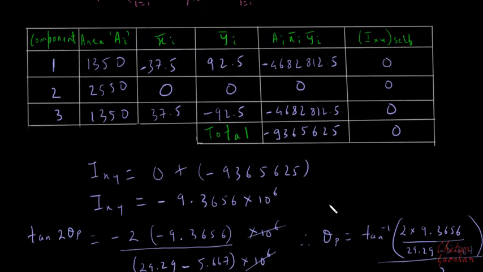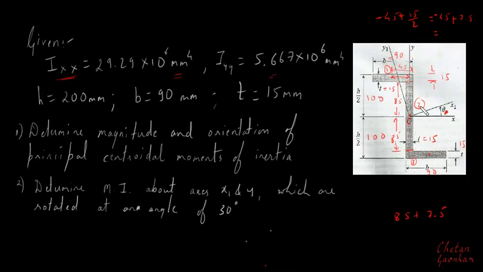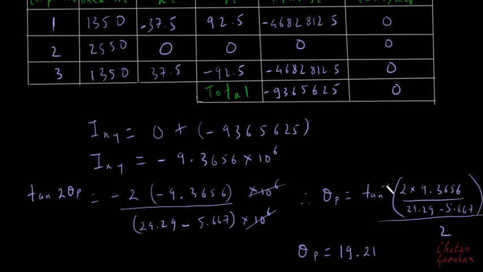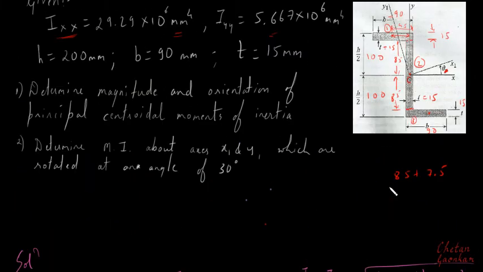So theta p is the orientation of a principal axis with respect to the x-axis. So our first principal axis will be at an angle of 19.21, so it will be somewhere here.